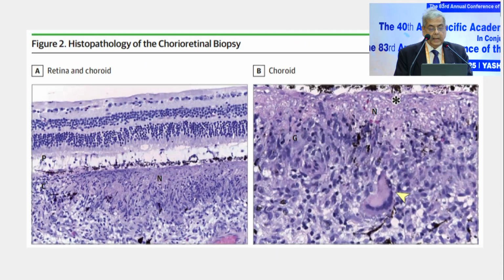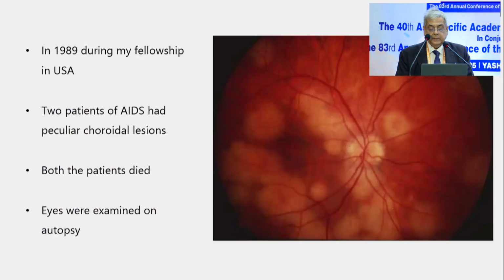This patient had a retinal detachment and underwent retinochoroidal biopsy, which showed an inflammatory cellular infiltrate, predominantly lymphocytes with epithelioid cell granuloma. The giant cells are seen in the picture.